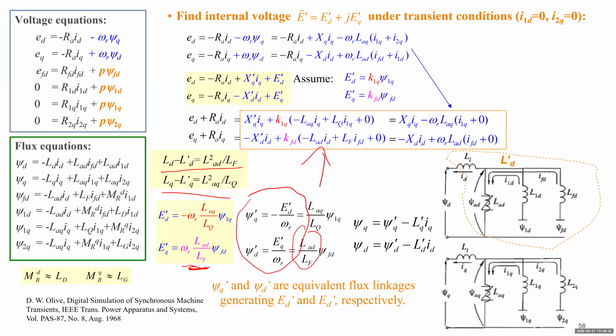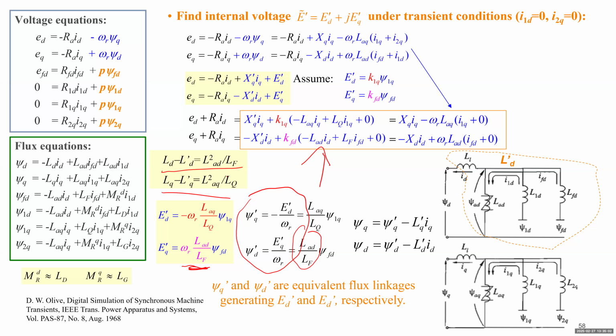Is that clear? Yeah, I understand the math. Is there any part you can show on the diagram? What do you want to see on the diagram? You want to see a vector which indicates the flux linkage, like L D prime and L Q prime?